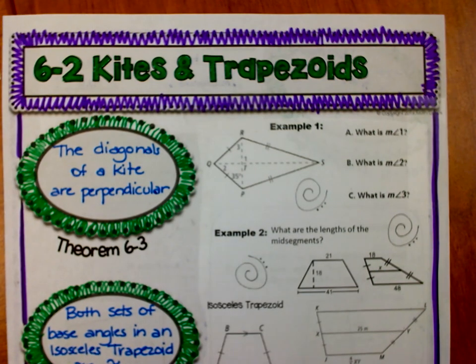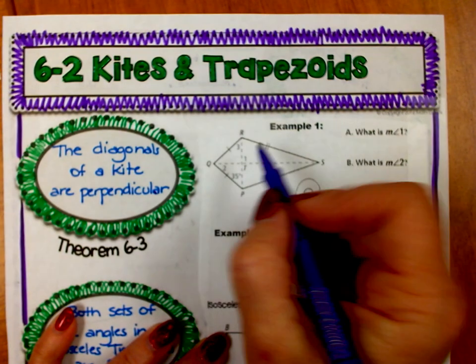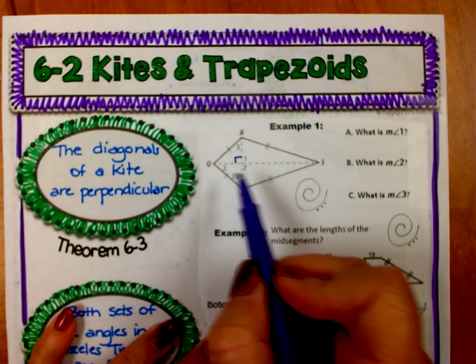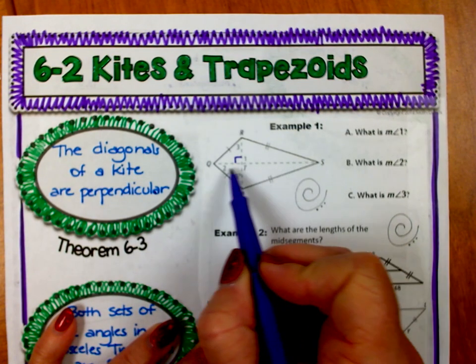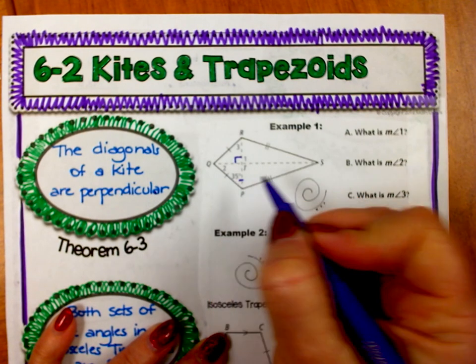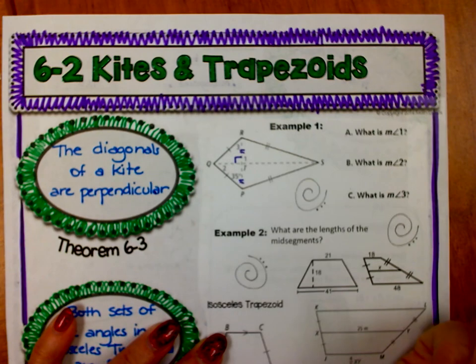But wait, there's more. Look at example 1. Right here, we have our perpendicular lines, and this is QS, a perpendicular bisector, which means that TP and RT are also congruent.